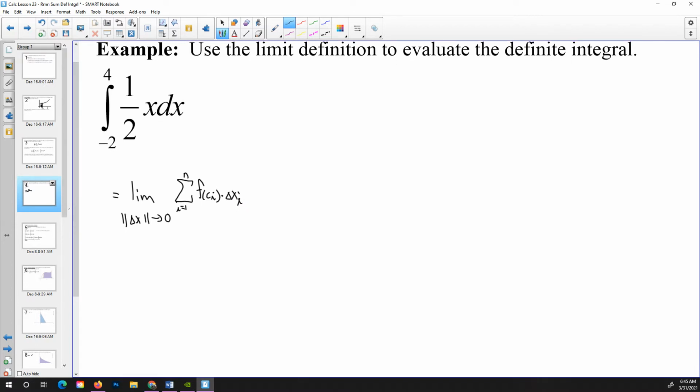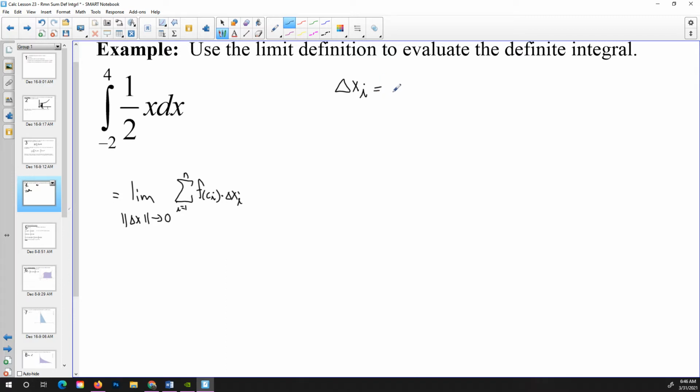What do we need to do first? First, let's talk about delta x i, because that is going to be our partitions. I want to make it easy, so I'm going to let all of my partitions be of equal width.